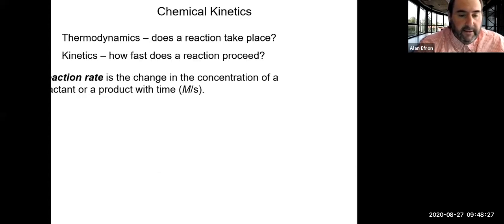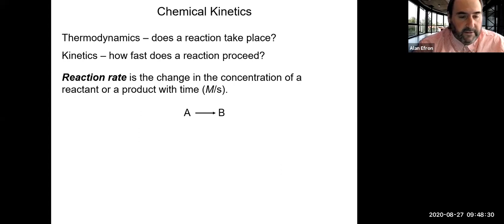So let's talk a little bit about chemical kinetics and some important things. A couple of differences, two big topics in chemistry. One is thermodynamics and one is kinetics. In terms of thermodynamics, we will get into that a little bit later this semester as well.